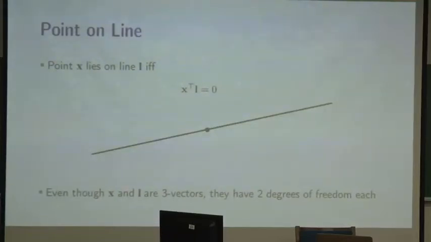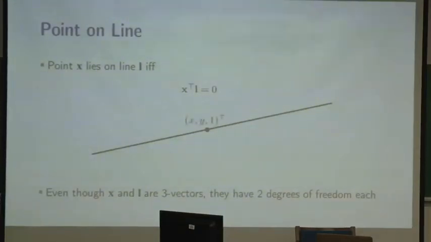In a point, that scale factor does not matter, so I can always convert it to a normalized form where that last scale factor w is 1, and then 2 are enough to define that point. Which is how it should be because I'm talking about a 2D space, so 2 coordinates should be enough to define a point. Okay? So that's what I mean by this comment. Even though x and L are 3 vectors, they have 2 degrees of freedom each. There are 2 independent parameters in each one of them. Alright?